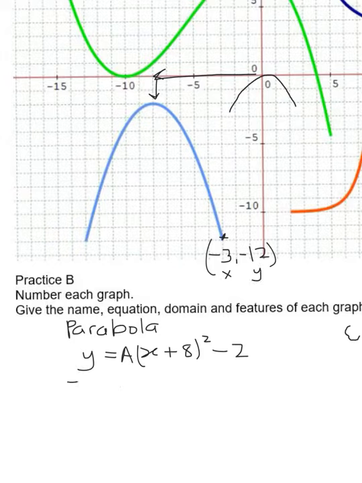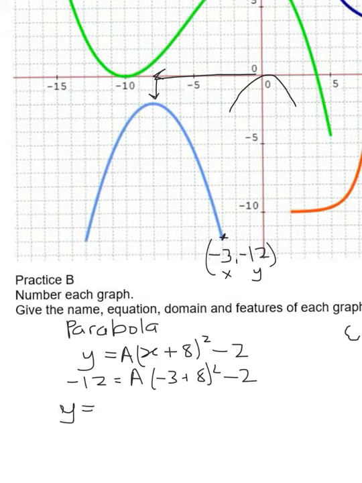So if I put -12 equals a times (-3 plus 8) squared minus 2, if you put that in your calculator, you'll get an a value. Remember, execute, execute. So that a comes out to -0.4. So the equation of the graph is y equals -0.4 (x plus 8) squared minus 2.